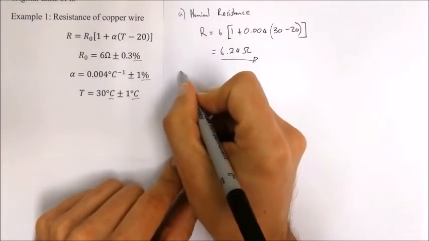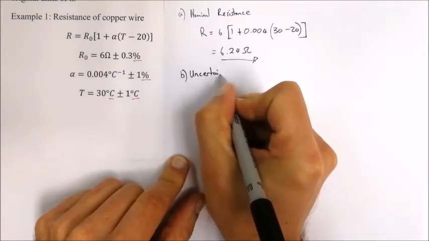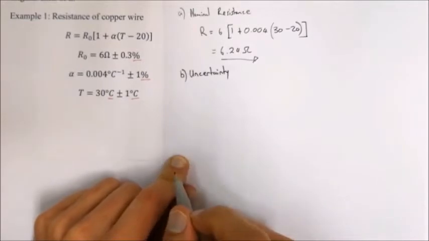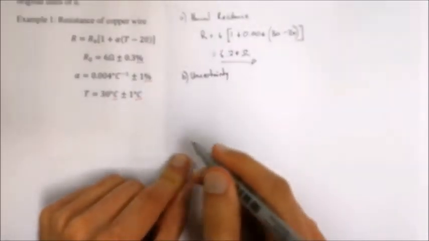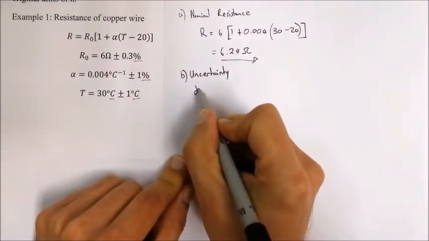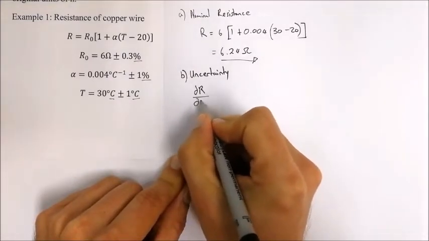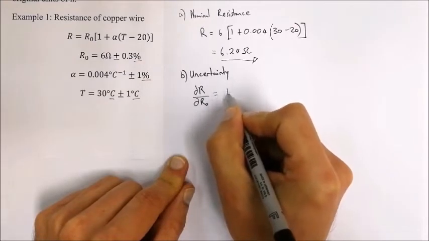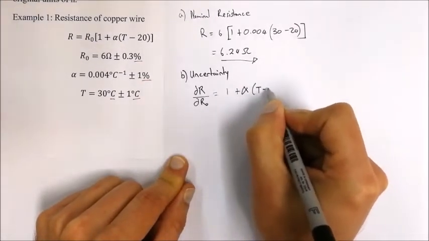Next thing we've got to calculate is the uncertainty. Like I mentioned, we've got to do the derivative for each variable in this equation. Therefore dR over dR0 is equal to 1 plus alpha of t minus 20.